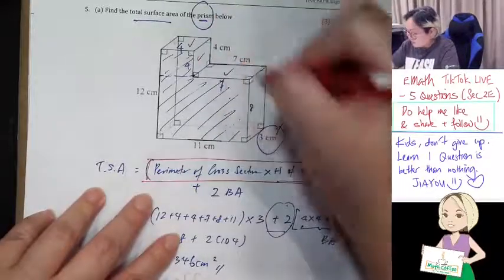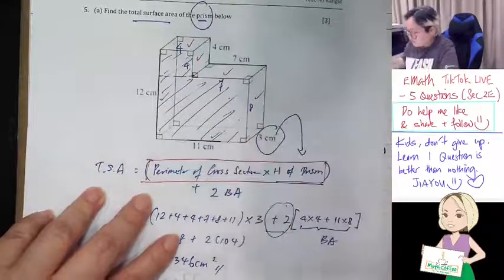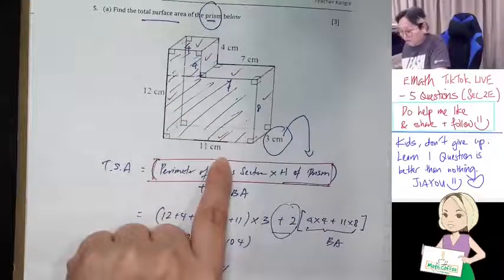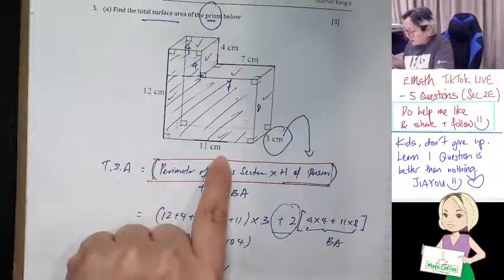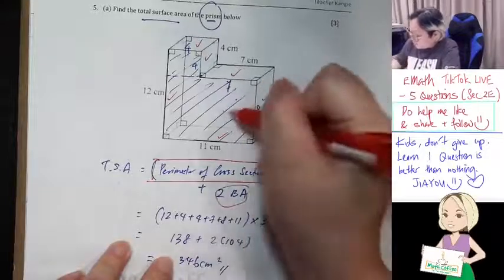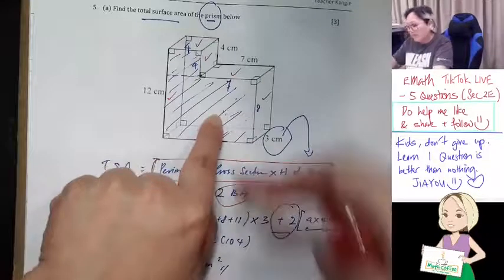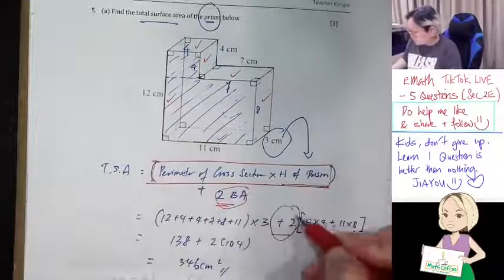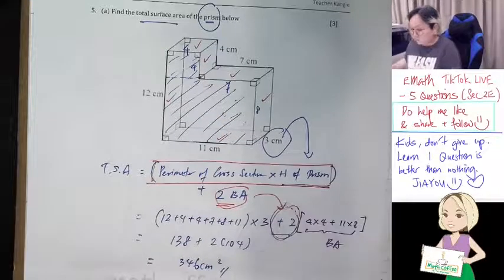This face, this face, this face, this face, this face, and this face. This red color one is all the faces that I just ticked. Then after that, this 2 base area is the top, the one that is facing us, and the one that is behind. So you have 2 base.